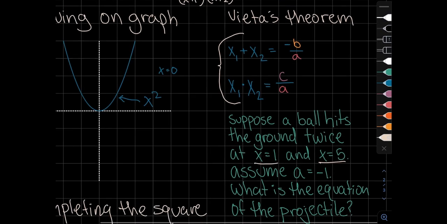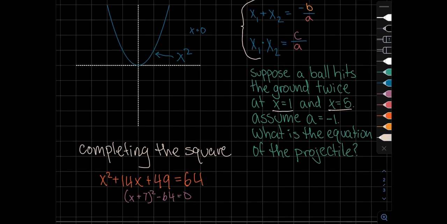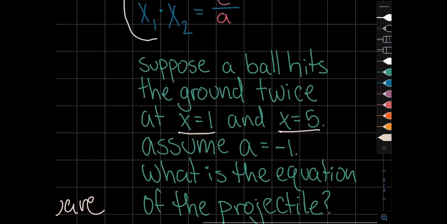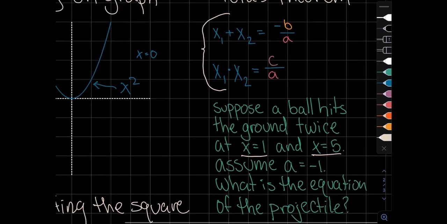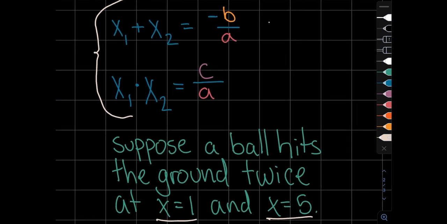Well, we know x1. It doesn't really matter which one you pick as x1, just kind of follow it. x1 is 1 and x2 is 5. 1 plus 5 equals negative b over negative 1. We're going to cancel out our negatives. And the 1, you don't really need it, equals b.